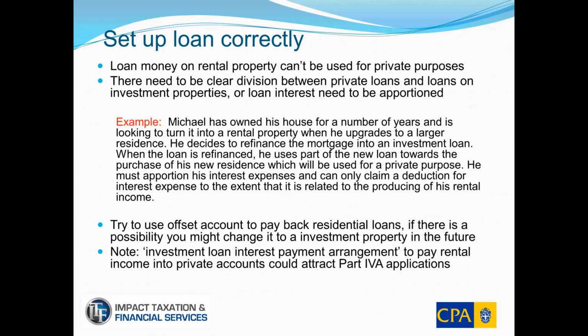So that 400K is not deductible anymore, even though his loan balance is now again 500K. So when he's earning rental income from his old property, he's going to rent it out and earn investment income, rental income. But the interest deduction he can claim is only on the 100K, because that's the only part that's not related to a private purpose.